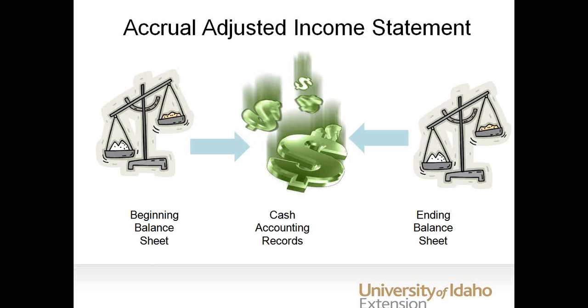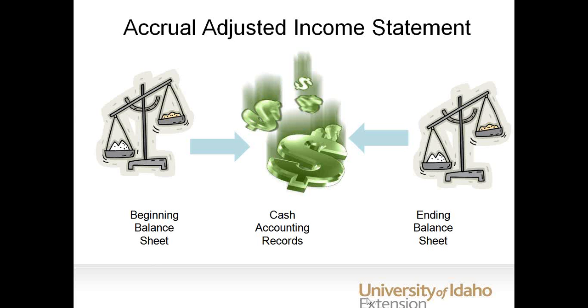But the fact is that it's estimated that 90% of farmers use cash accounting methods, and regardless of the reasons, that's just the way it is. So what we're going to talk about today is a net farm income statement, but one that's accrually adjusted.